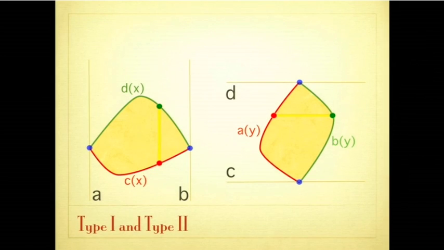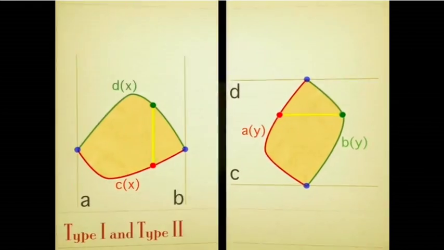And these are the type 1 integrals, type 2 integrals. So we have a type 1, we have a lower and an upper function. And for type 2, actually, type 2 would be better called left to right integrals, and these are bottom to top integrals. So these are the 2 types.